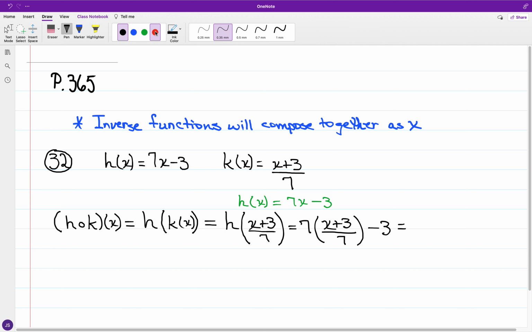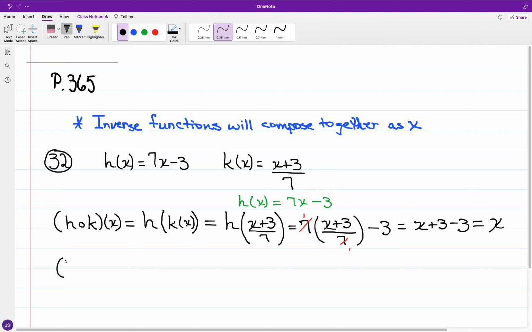So we have 7 times x plus 3 over 7, and we can have the 7s go out, for which we have x plus 3, and then the deduction of 3. And that composition reduces to x.